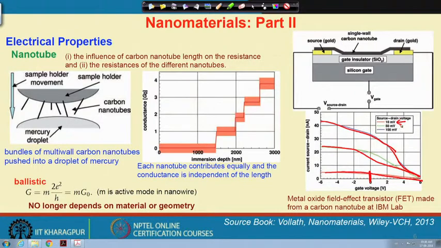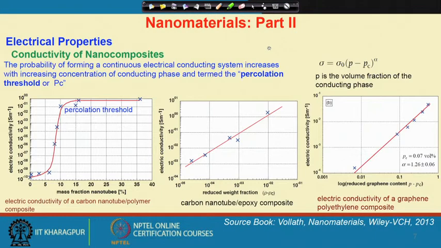So, this is at a bias of 10 millivolt, and let us say here this is the 50 and here is the 100. So, this is the 10 one. So, if we increase that bias voltage, then automatically we get a current, and so we can use these single wall carbon nanotubes for making these kinds of transistors.